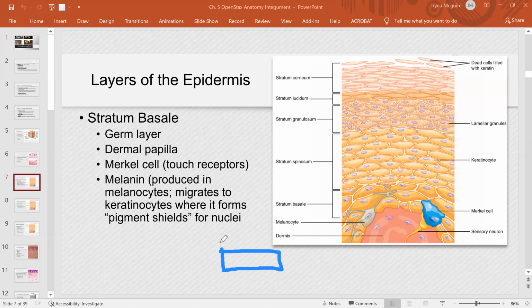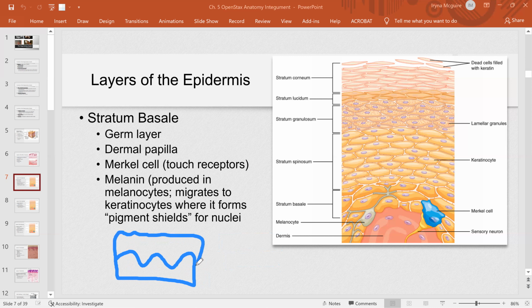Let's say this is your dermis and this is your epidermis. It's not a straight line over here. We have papillae, and then we have our epidermis. It's formed almost like a Z line, and it allows for better connection between epidermis and dermis.